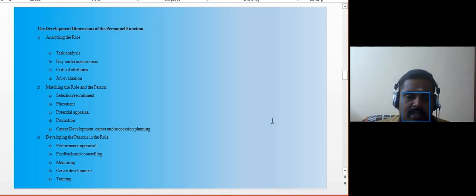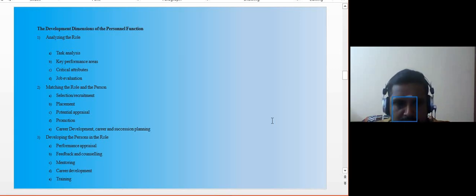So we must learn that particular concept by analyzing roles and responsibilities, and matching the role and the person, selecting or recruiting the candidate in a very good manner, and placing the candidate in the right place, and appraising the potential as well as the performance of the people, and promoting the people to the next level, and career development and succession planning for the people.